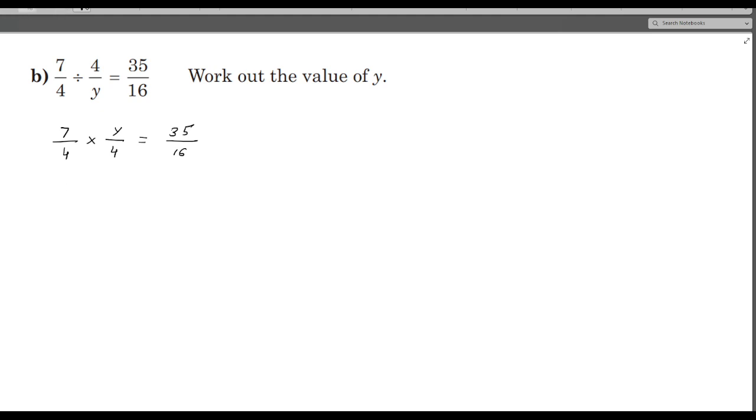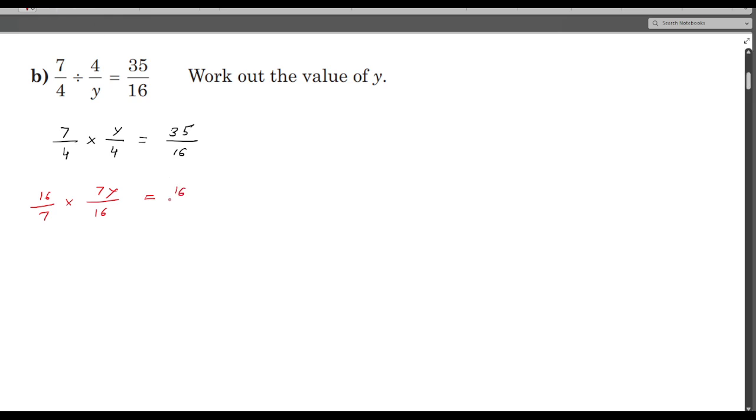So on the left hand side it is 16 divided by 7 times 7y divided by 16. You can tell me why I am doing this. I am doing this because the coefficient of y on the left hand side is 16 divided by 7.